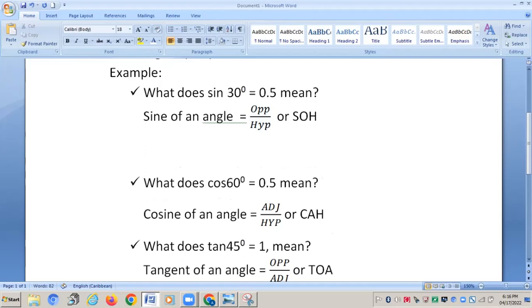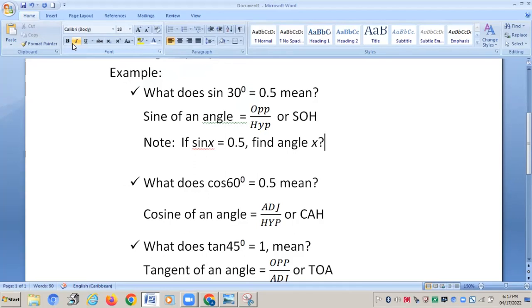Suppose I say, if sine x equals 0.5, find angle x.